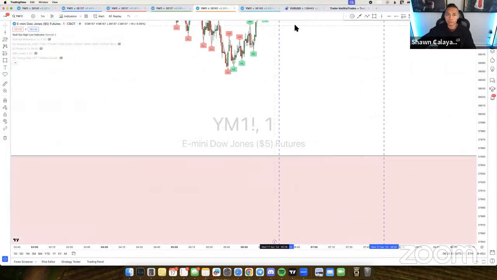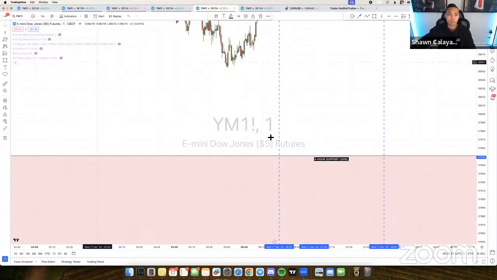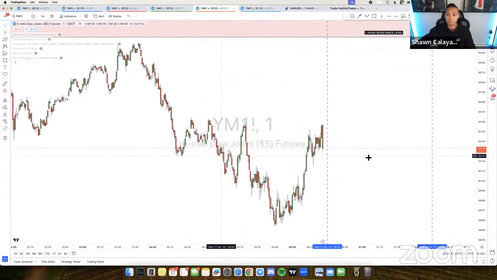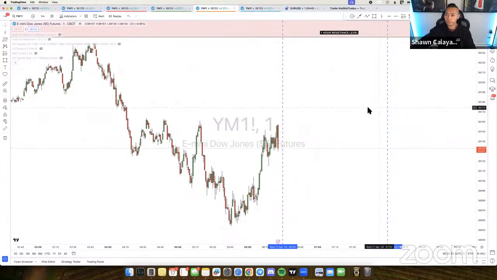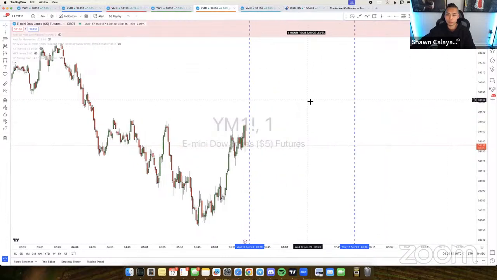And we have the 4 hour support level down here. All right, looks good. All right, guys, market's gonna open in about 4 minutes.